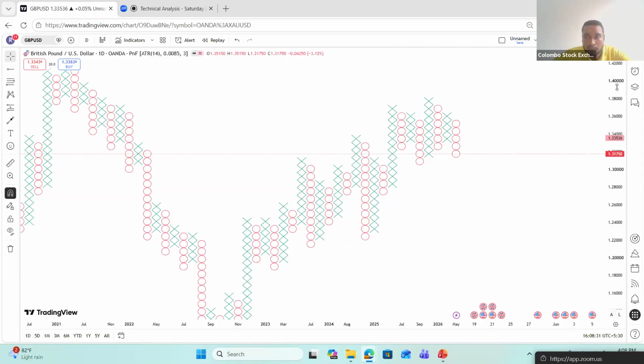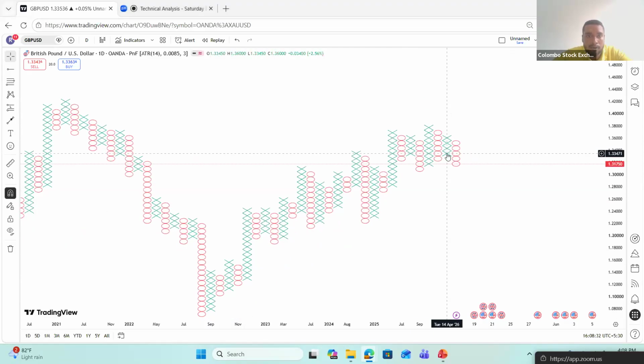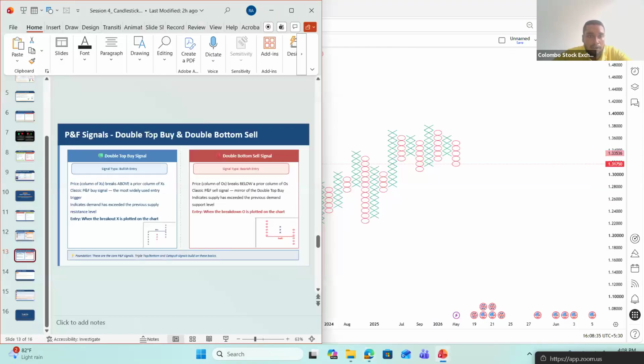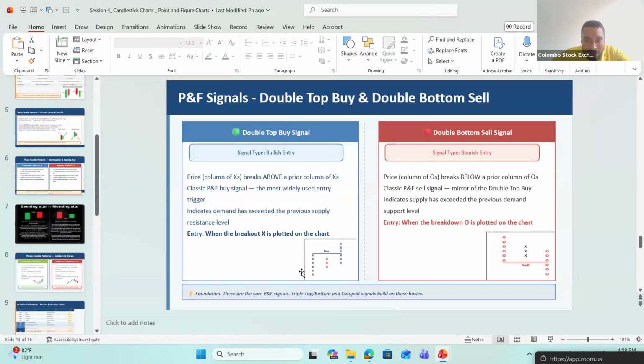The two types of signals we can get, the main ones, are called double top and double bottom: double top buy and double bottom sell. Double top buy is something like this. Here you can see a column of X's, which means the price has been going up.